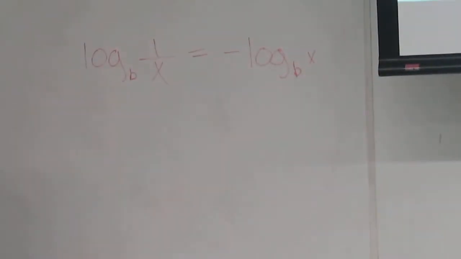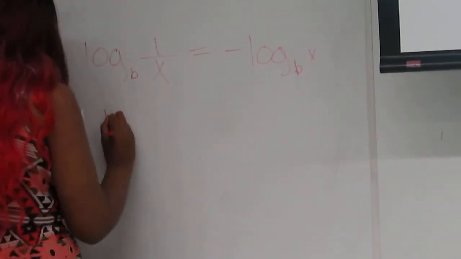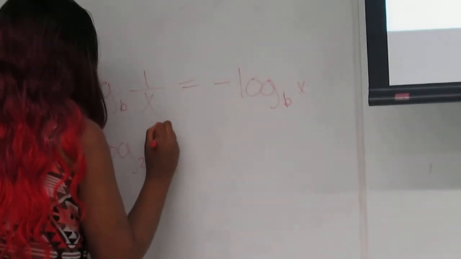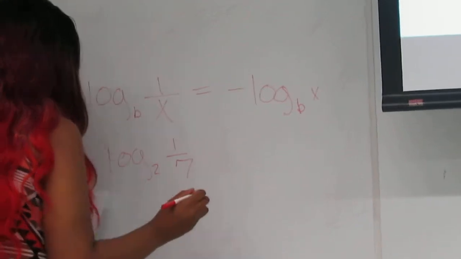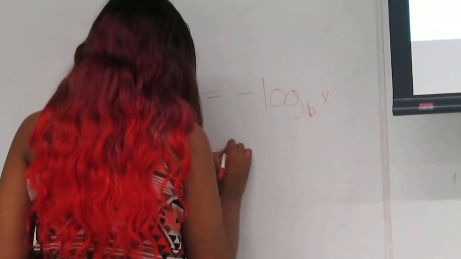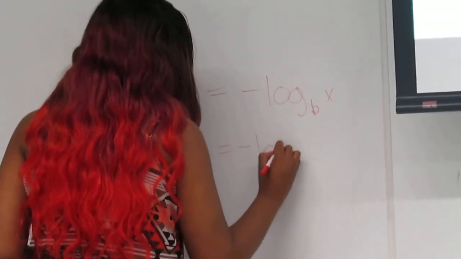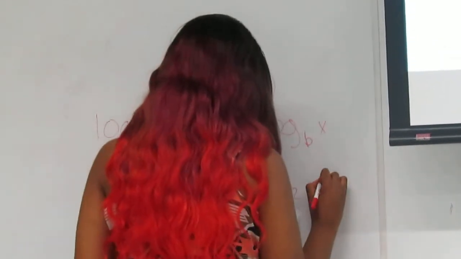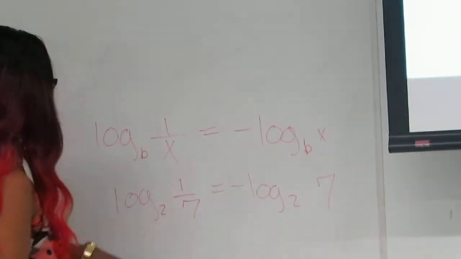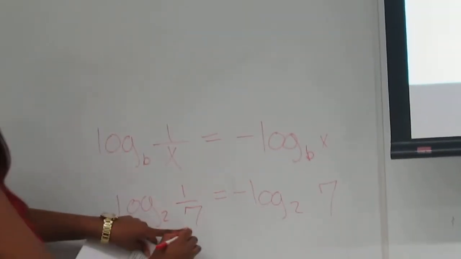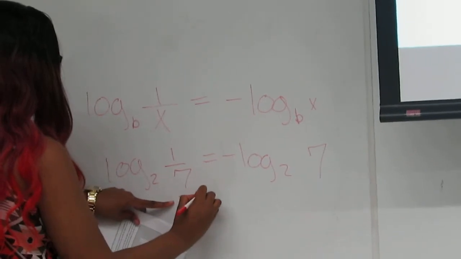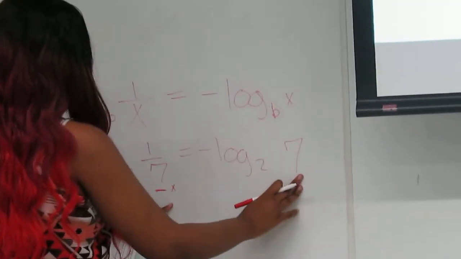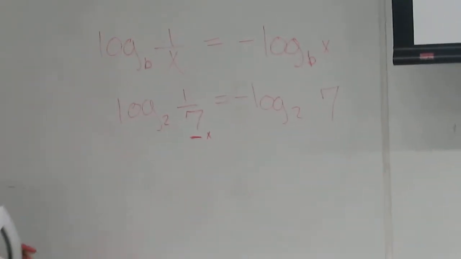An example would be log base 2 of 1 over 7 would be negative log base 2 of 7. And 7 comes from right here, the x place of the equation or function. So basically that's reciprocals.